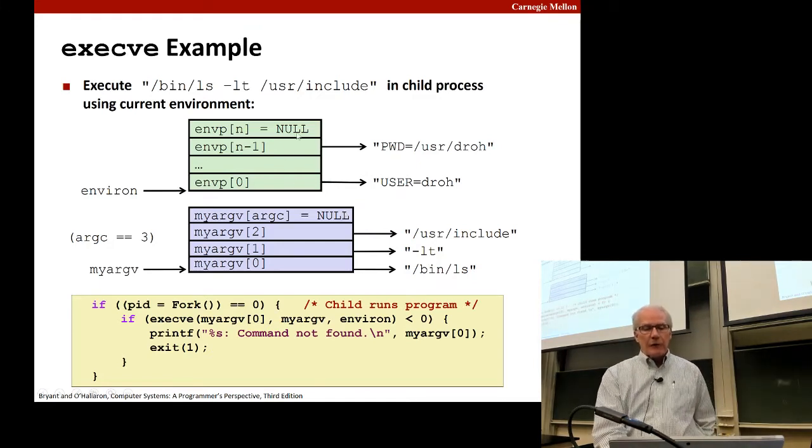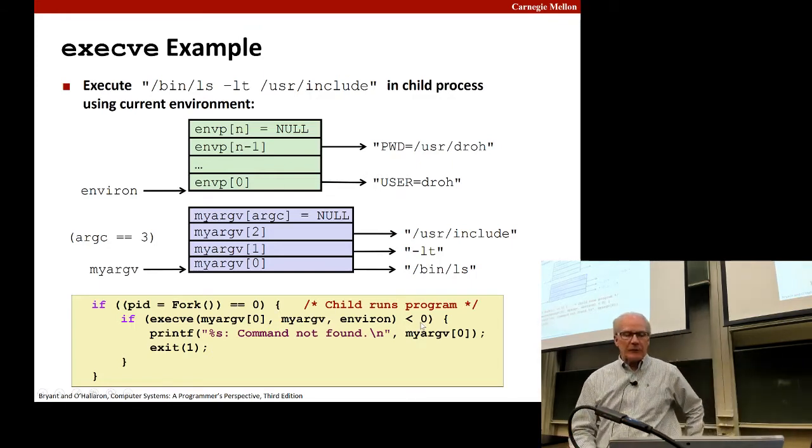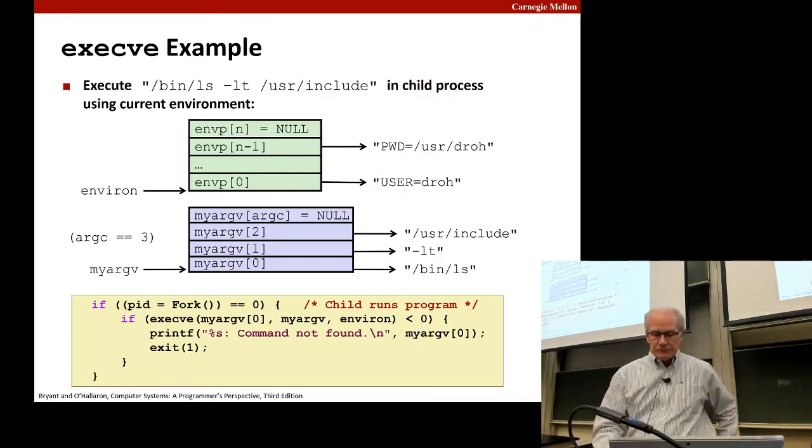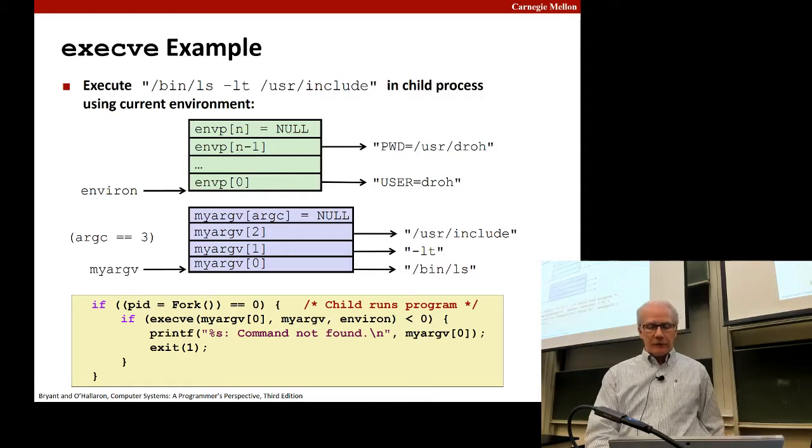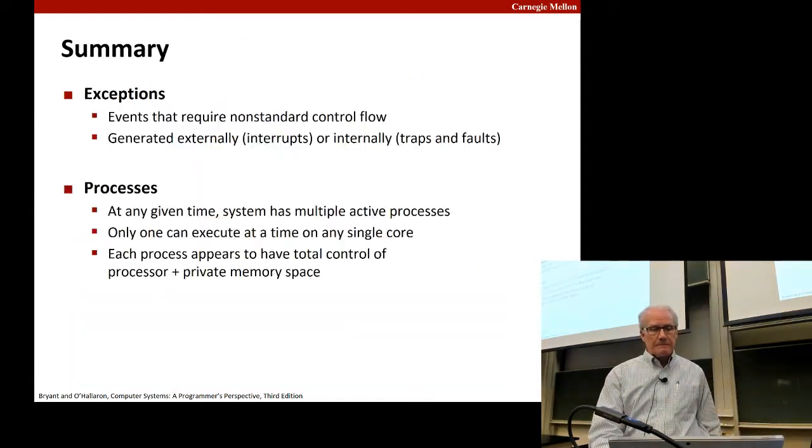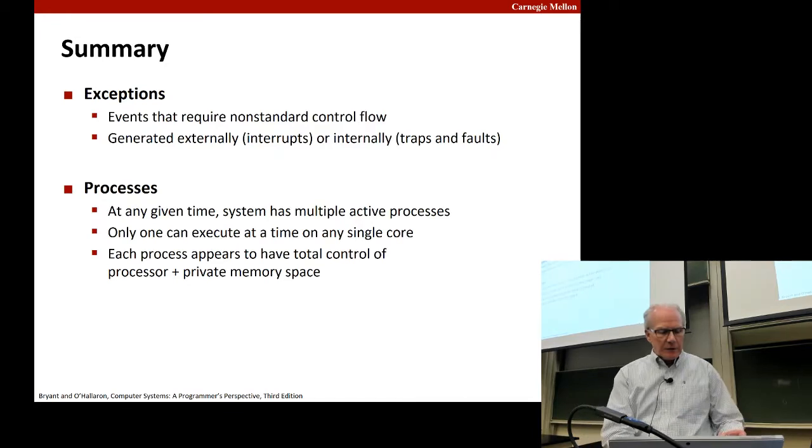And similarly, there's already an existing set of environment values that's maintained by the operating system. You don't have to create that yourself. And then you'd call exec using these various arguments. And if it returns, it's actually a sign that something went wrong. But normally it doesn't return. So we'll come back to that now.